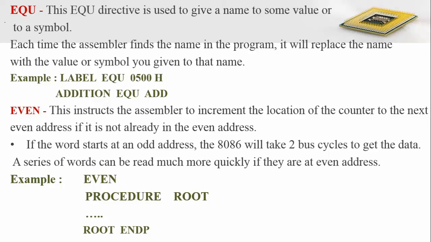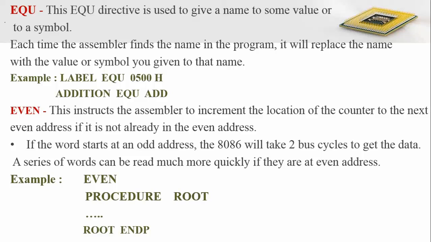If the word starts at an odd address, the 8086 will take two separate bus cycles to get the data. That means if the word starts at an odd address location, the even bank and odd bank concept will not work properly. So we need to store a value starting from an even address location.